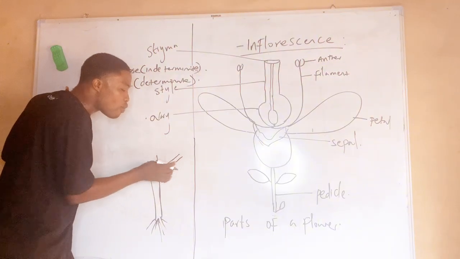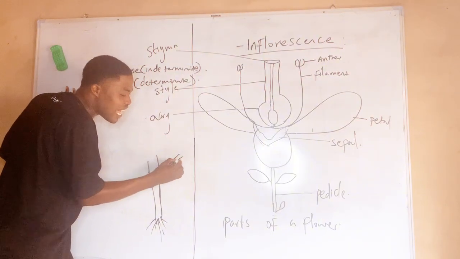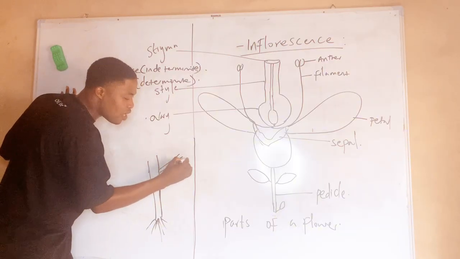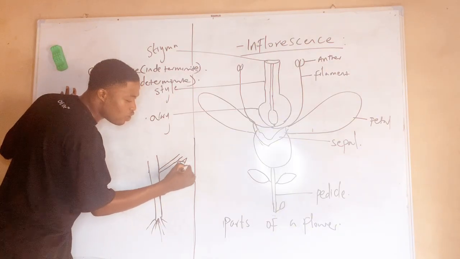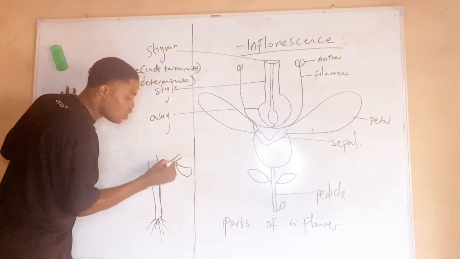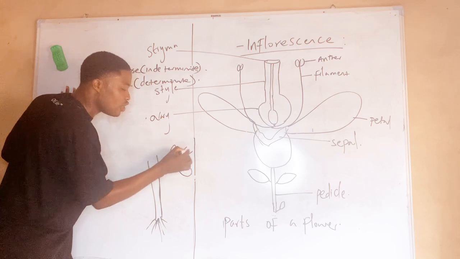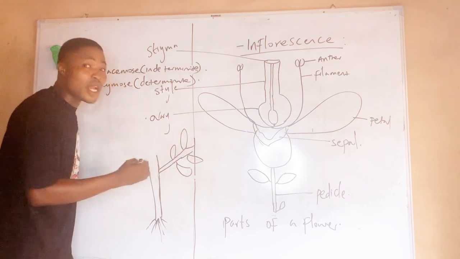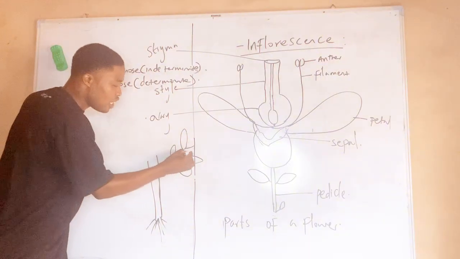Now, the primary axis of the leaf that will bear the flowers. Let me just draw my flower in a simpler way. So let's say all these are flowers. A flower is a leaf modified for sexual reproduction, so flowers are also leaves.